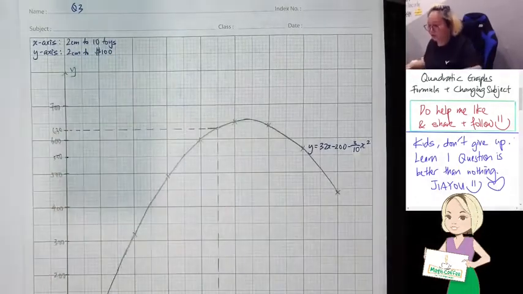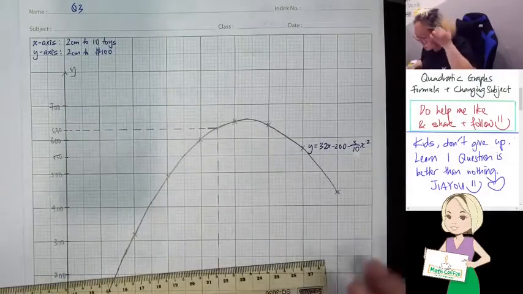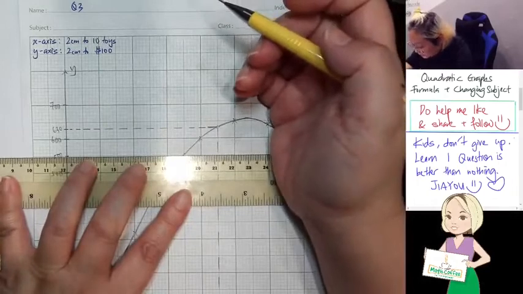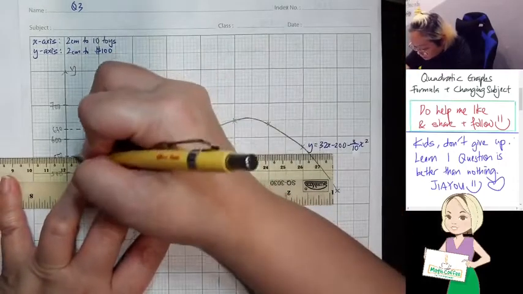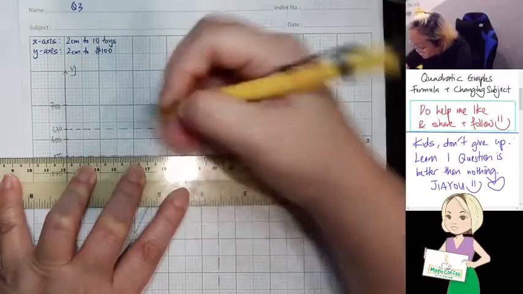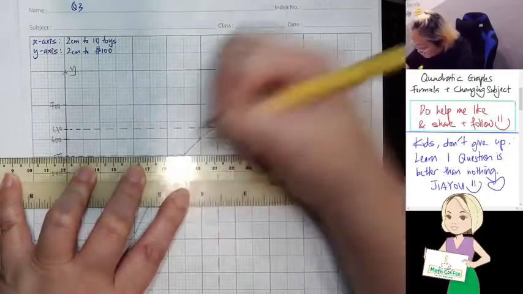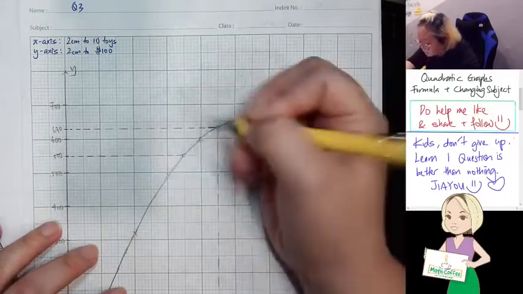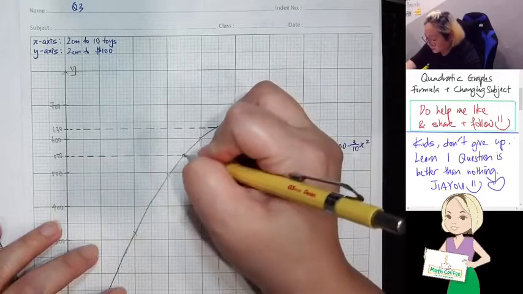And then let's draw the dotted line. Okay? So we will have here, so this one, let's see, I'm going to draw the dotted line. You draw the dotted bigger, bigger.